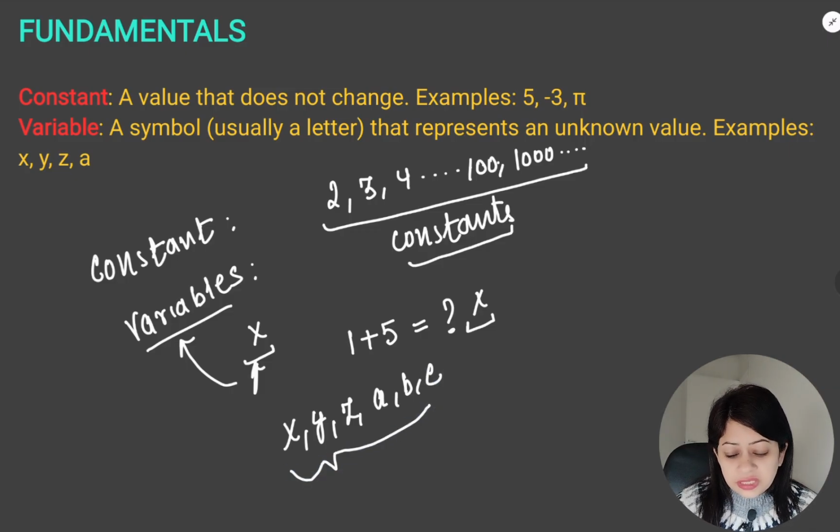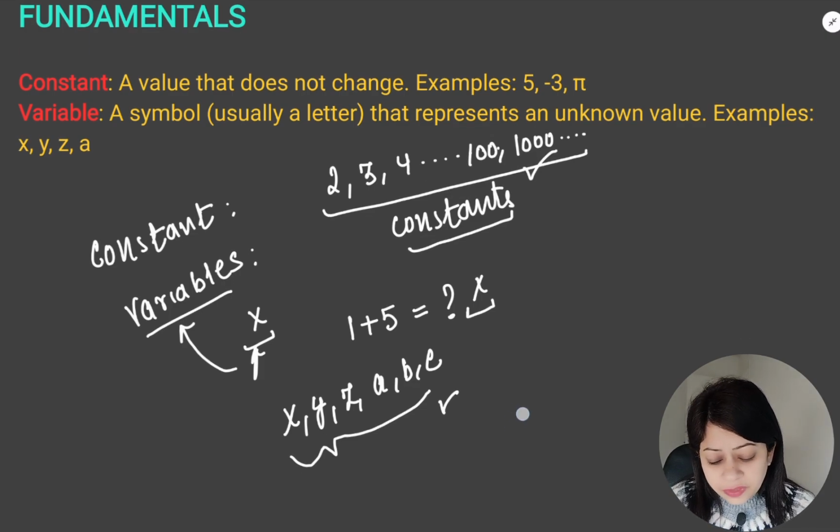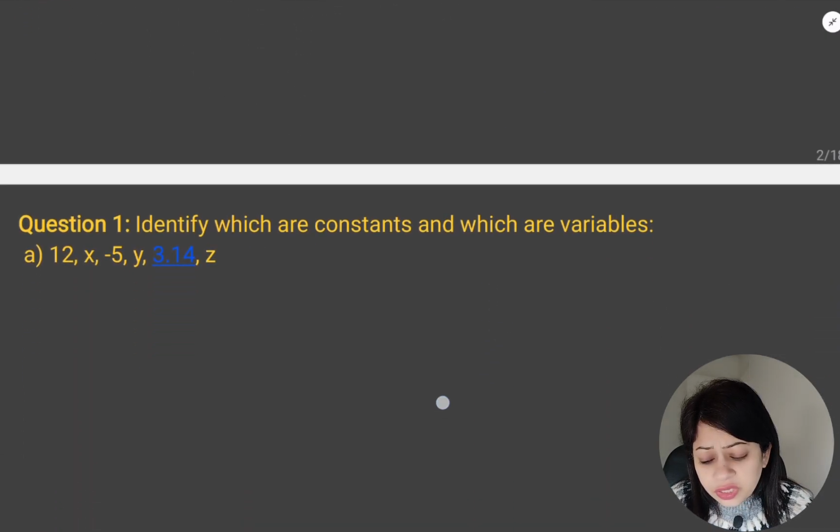Okay, so these are constants and these are variables. From here we start algebra. Because this is the basic, we should know the meaning of constant and variable. Okay, after that we come to these questions.